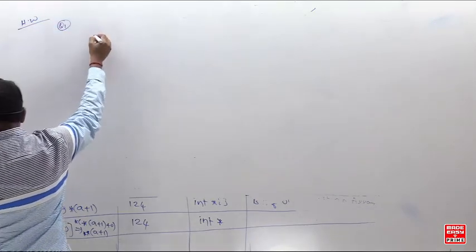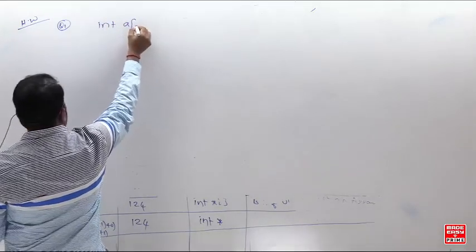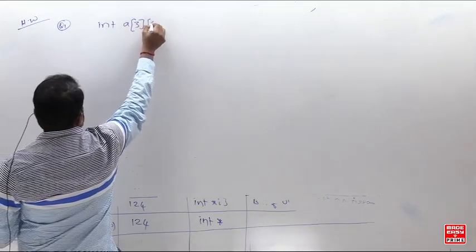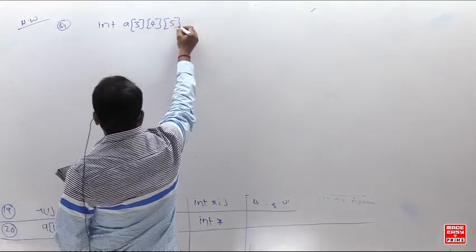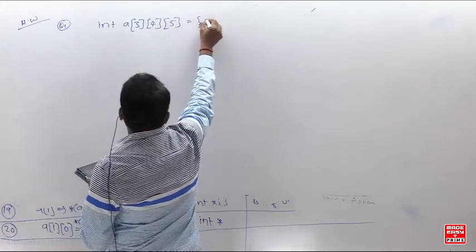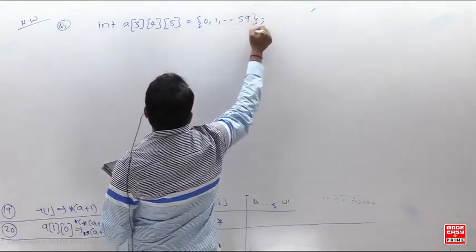Homework question 1. Integer a of 3, 4, 5. So 0 to 59 elements.